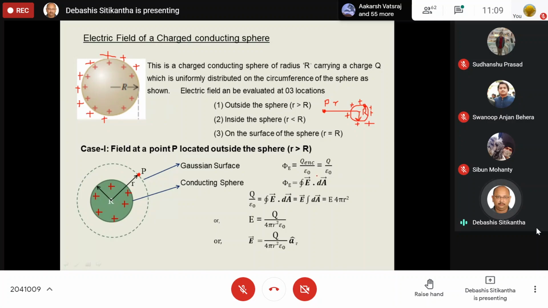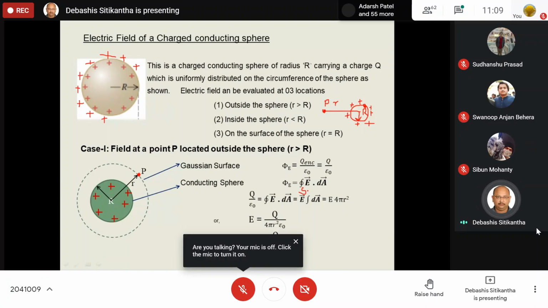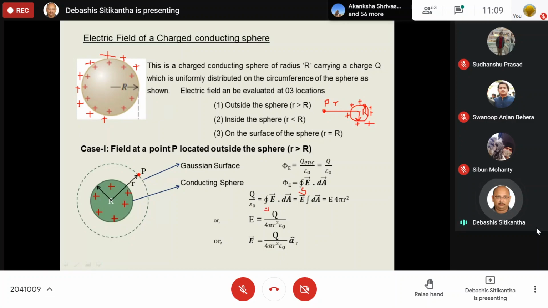So obviously, as per Gauss law, we know that phi E is equal to Q by epsilon 0. Now again, from the generalized form of the flux equation, we know that phi E is equal to the closed surface integral of E vector dot dA vector. Both of them are going to be the same thing. So Q by epsilon 0 is equal to the closed surface integral of E vector dot dA vector.